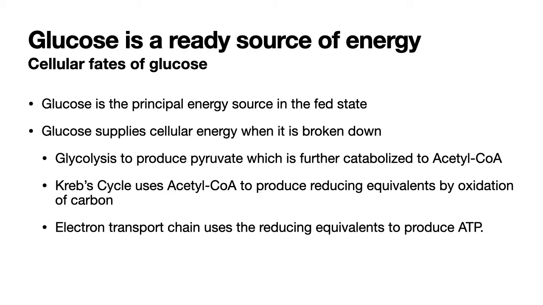So the Krebs cycle has to perform those metabolic reactions to produce the reducing equivalents, so that the electron transport chain uses these reducing equivalents and handles the electrons and hydrogen through the mitochondrial membrane to produce adenosine triphosphate. So that means that the glucose that has entered the cell is further broken down to produce adenosine triphosphate. And these are the cellular fates of glucose.